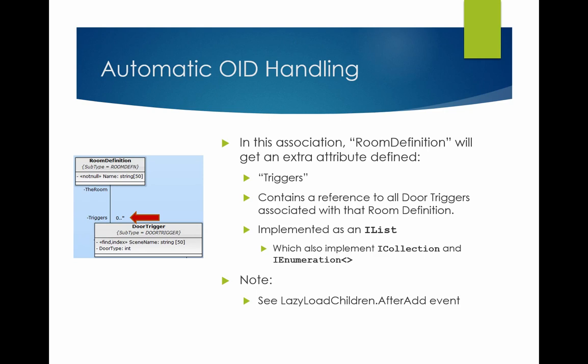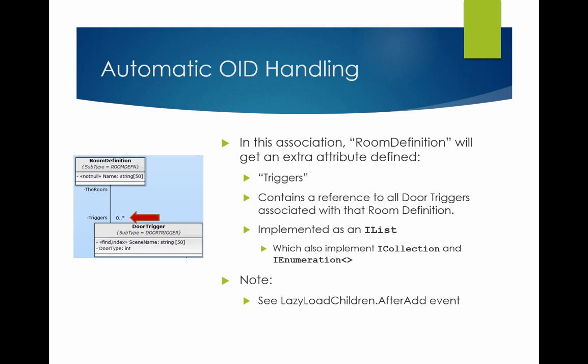So in the room definition class, it'll create a new attribute called triggers, and it will contain a reference to all the door triggers that are associated with that room definition. It implements an IList, which gives you a whole bunch of list features, and of course IList implements ICollection and IEnumerable. So you can enumerate through the list fairly easily, and you can also use LINQ on the associations.